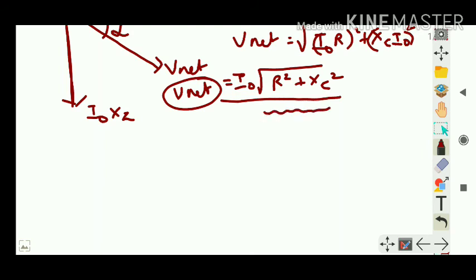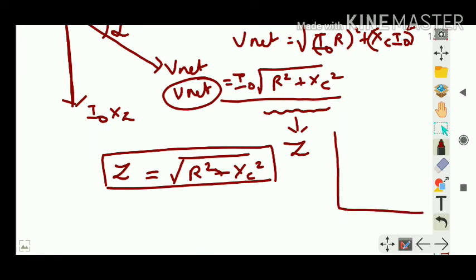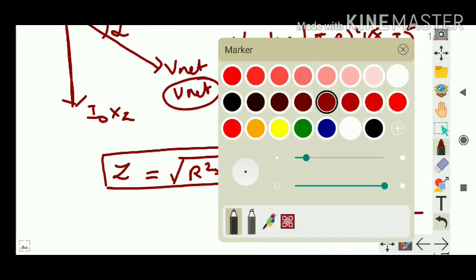This section is called the impedance of an RC circuit. It is also indicated by Z. So Z of an RC circuit is root of R square plus XC square. This can also be represented by an impedance triangle.